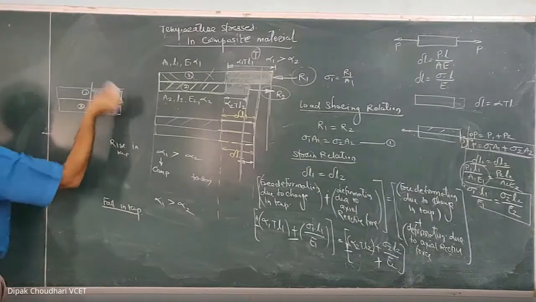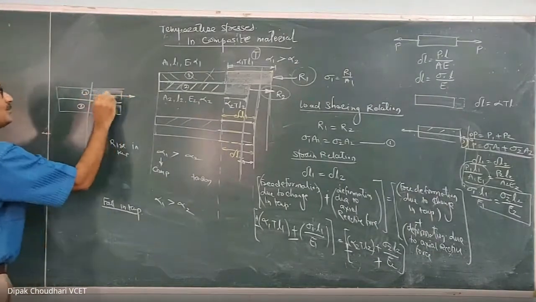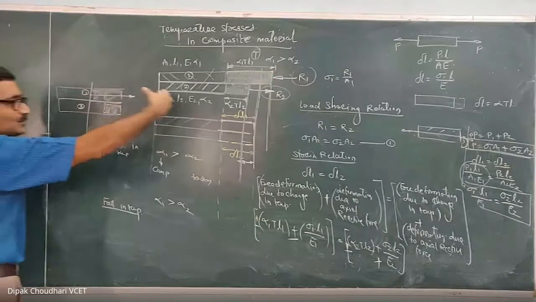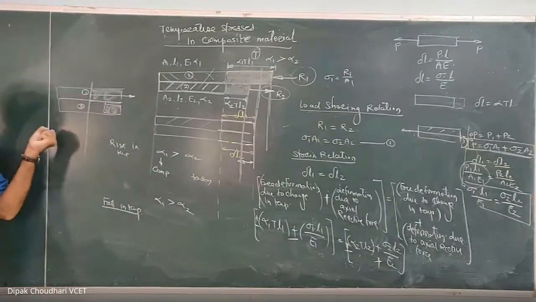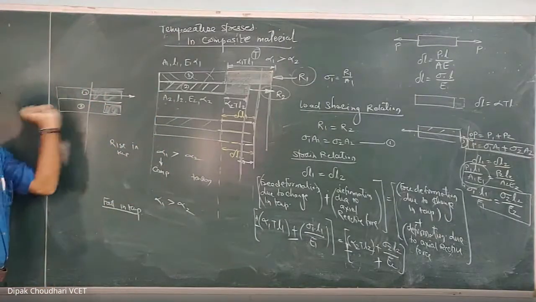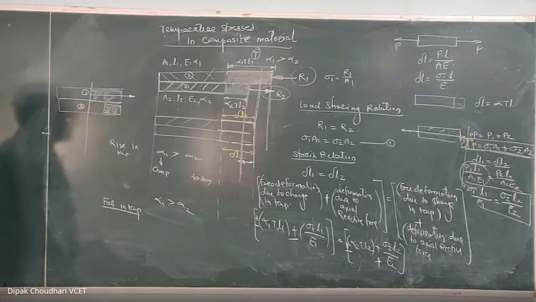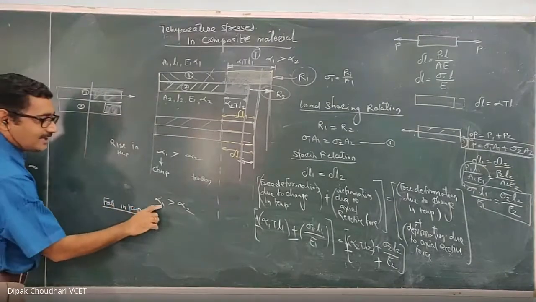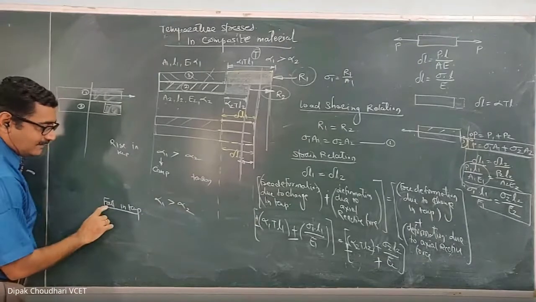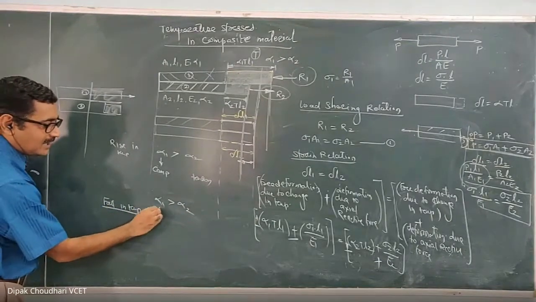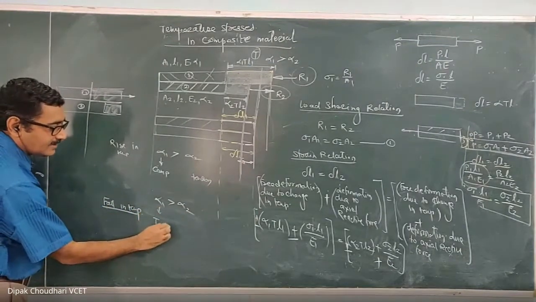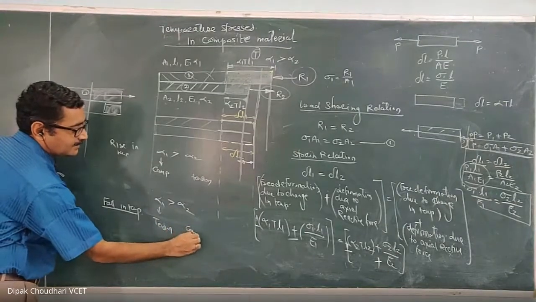So it applies a reactive force on it, and that reactive force is tensile in nature. It will not let it go back, it will pull it back. That's why when alpha 1 is greater than alpha 2 and there is a fall in temperature, the first part is in tension and the second part is in compression.